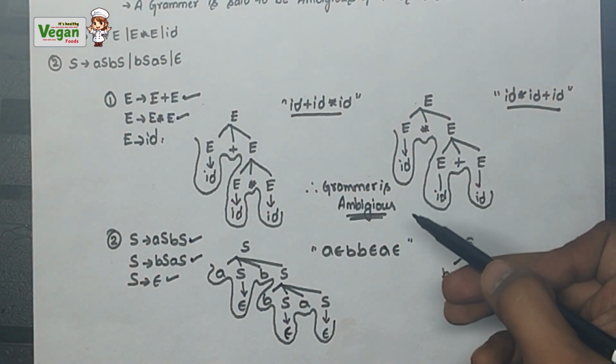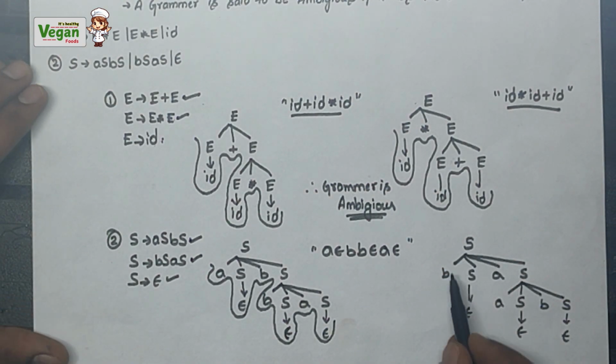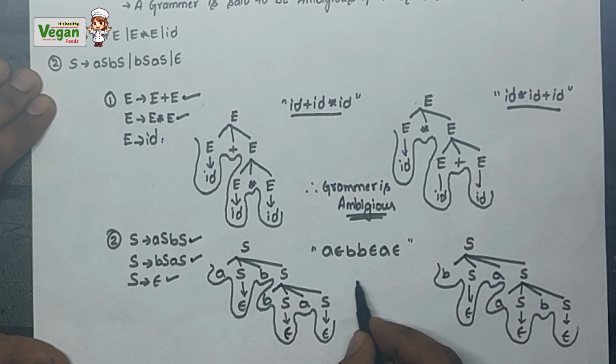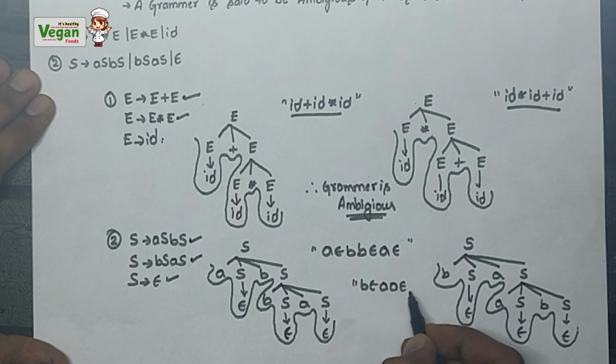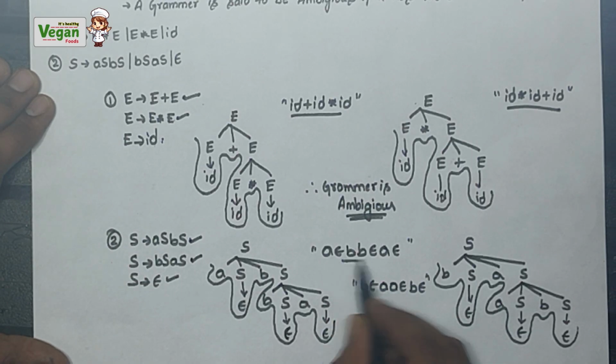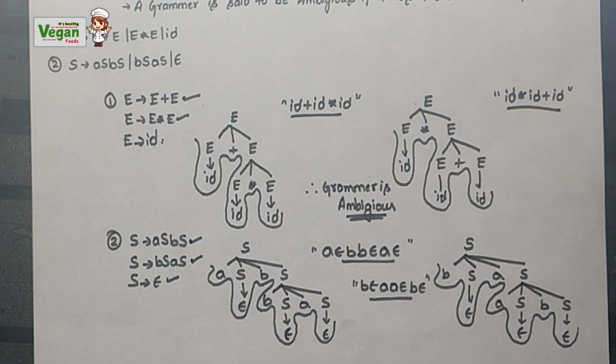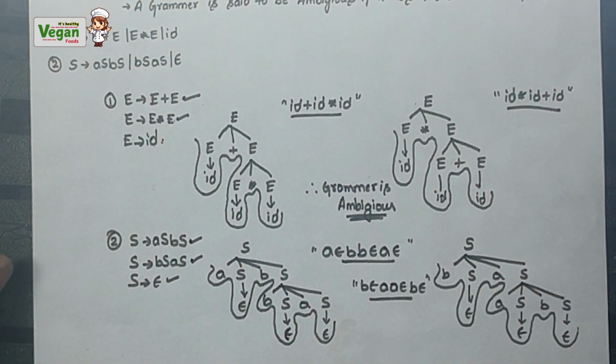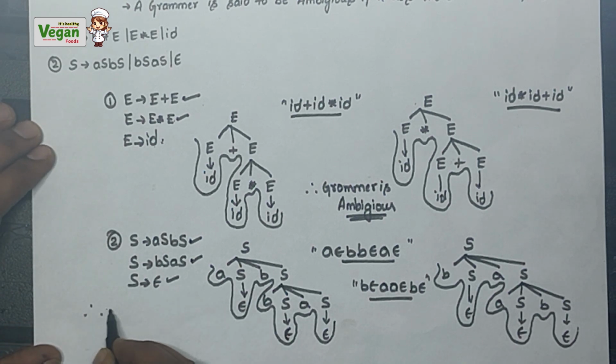Again you traverse from left to right using the leaf nodes: B epsilon A epsilon B epsilon. So what is my string? B epsilon A epsilon B epsilon. If you compare both of them, both strings are different. Therefore we have constructed two different parse trees. So we can call this given grammar ambiguous.